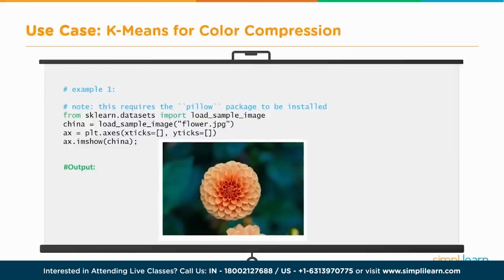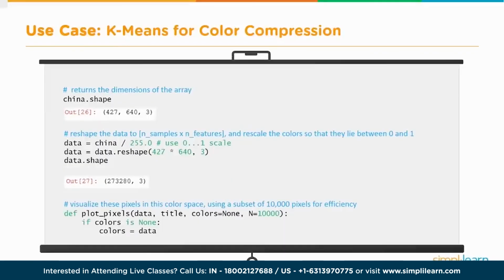Before we go into the Python notebook, let's quickly take a look at the code. As usual, we import the libraries, then we import the image, and then we flatten it. The reshaping is needed because the image information is stored in the form of pixels, and the image is, for example, 427 by 640 with 3 colors, so that's the overall dimension of the initial image.